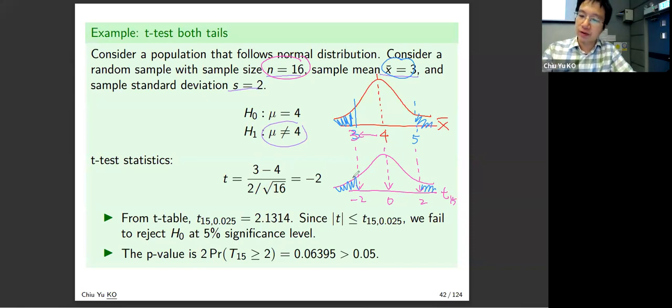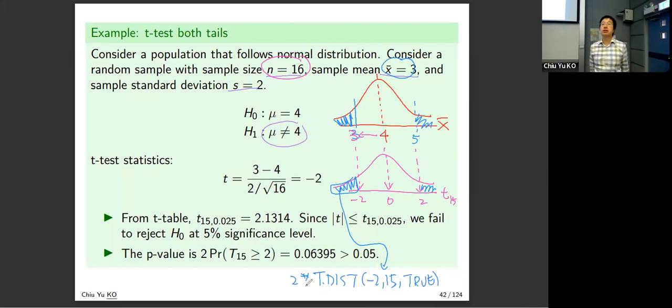So how do we find this small area here? That's very simple. The left-hand side would be just the t area for negative 2, the 15 one, and then multiply by 2, because left and right.